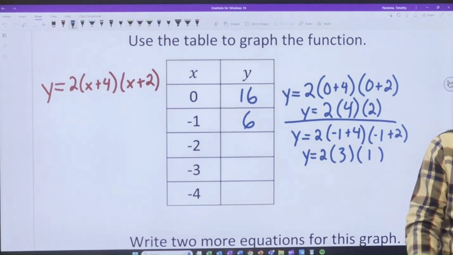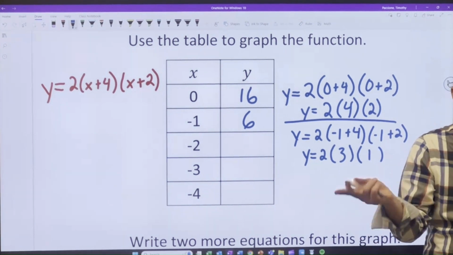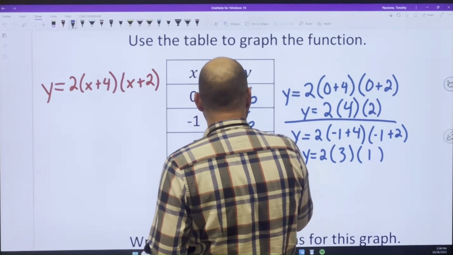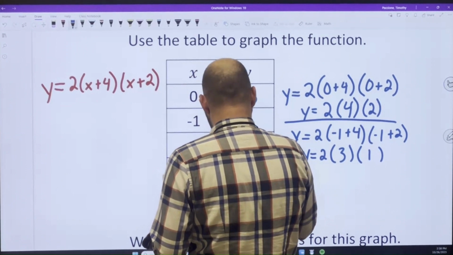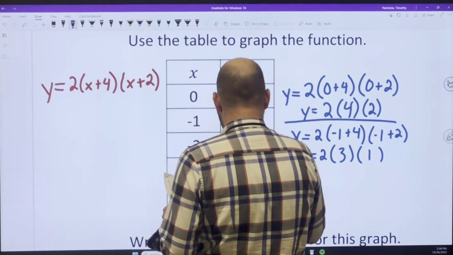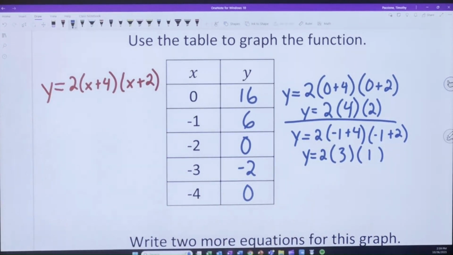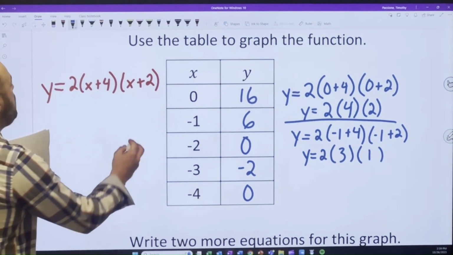Find these y values, and then you have points, because every one of these is a point. So if you continued that process, you would get 0, negative 2, and then 0 again. And just plug in negative 4, do the math. So remember, every one of these is a point.